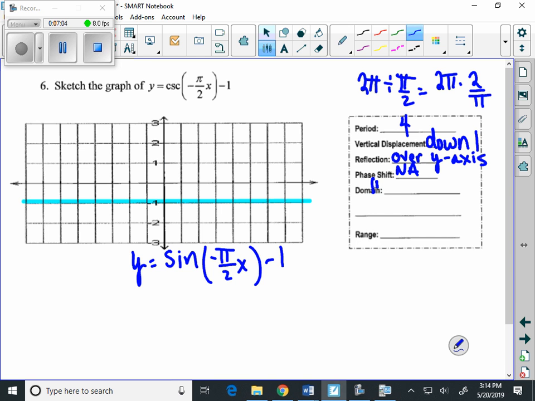Our domain is going to be for all real numbers such that x doesn't equal something n, where n is, again, we're either going to have all integers or odd integers. And then our range we're going to have to wait and see as well.